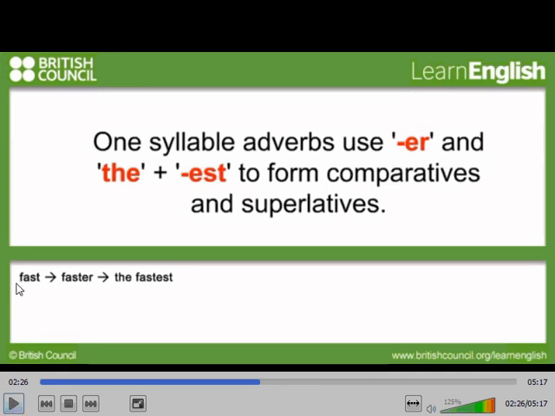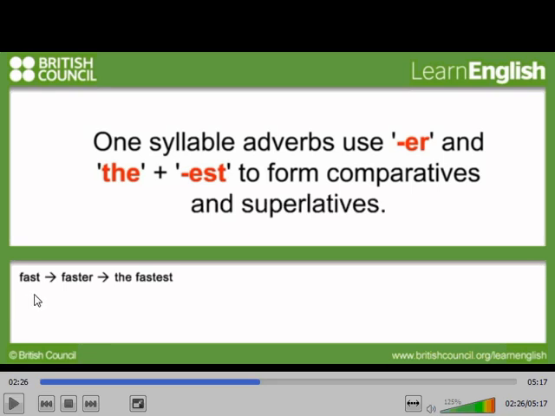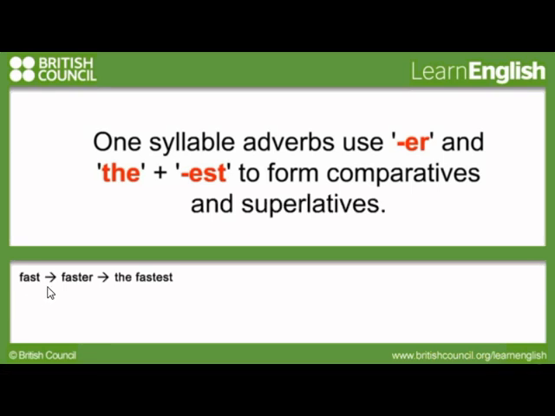If I have an adjective that has one syllable, what's the meaning of a syllable? It means a part of a word that has one vowel. Let's look at fast. How many syllables? One, because it has only one vowel. What do I do to this adjective if it's comparative, comparing between a thing and another thing, or a person, or a country?